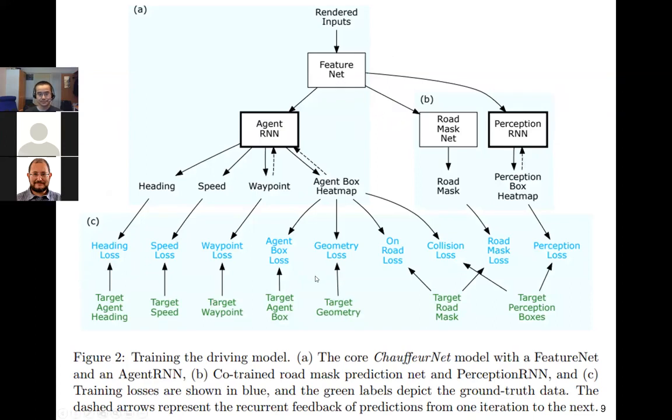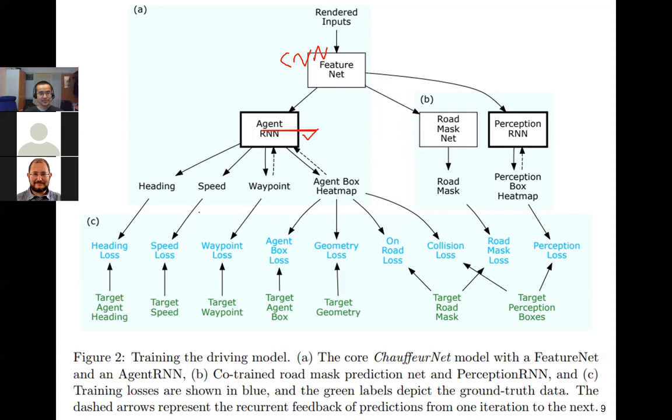So the ChauffeurNet has a feature net, which is CNN, and RNN, agent RNN, on the left. So for the training loss function, you have heading loss, which is the target agent heading from the expert driving log, and the actual heading.